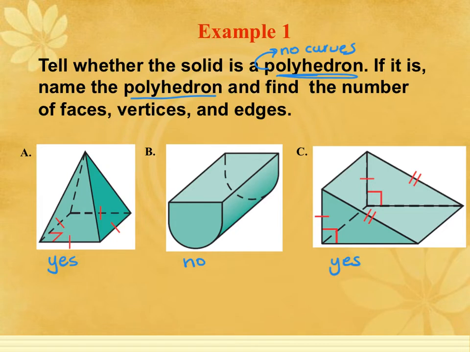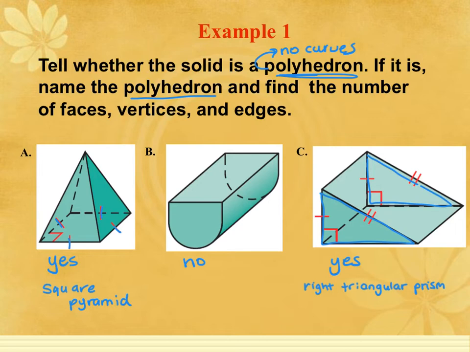So this first one, this is a square on the bottom. All 4 sides are marked the same, so this is a square pyramid. And C, this and this are my bases. So this is a right triangular prism.